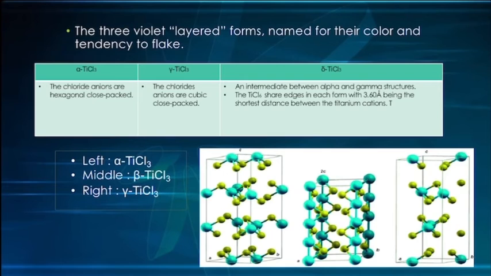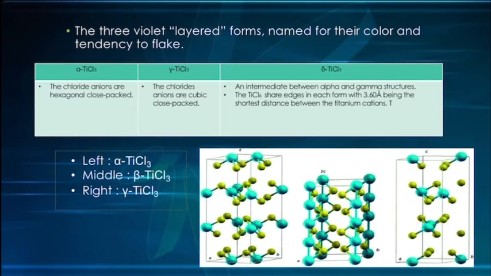The three violet layered forms, named for their color and their tendency to flake, are called alpha, gamma, and delta. In alpha titanium trichloride, the chloride ions are hexagonal close-packed. In gamma titanium trichloride, the chloride ions are cubic close-packed.